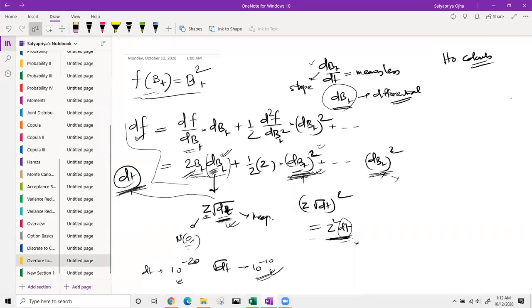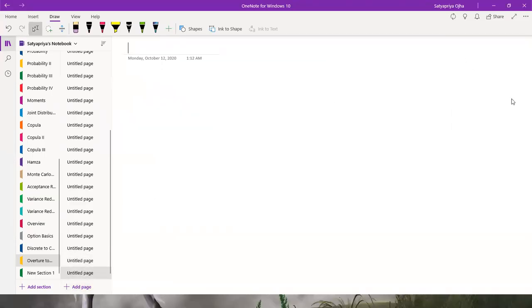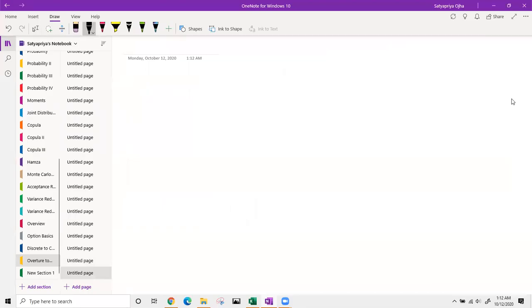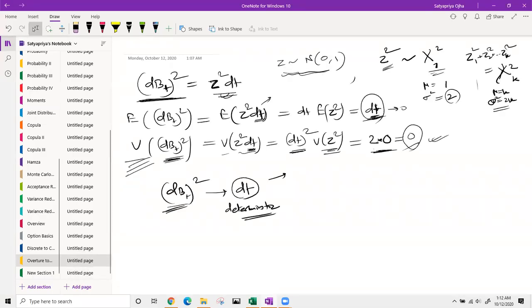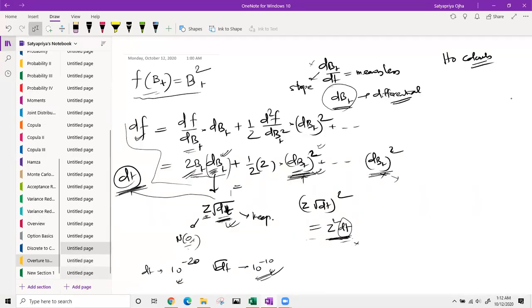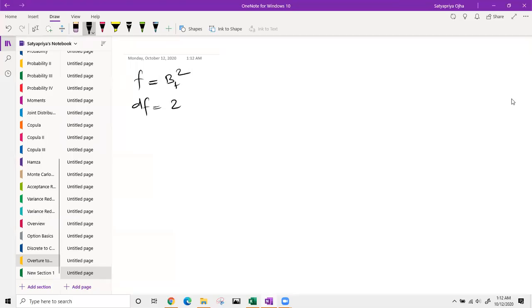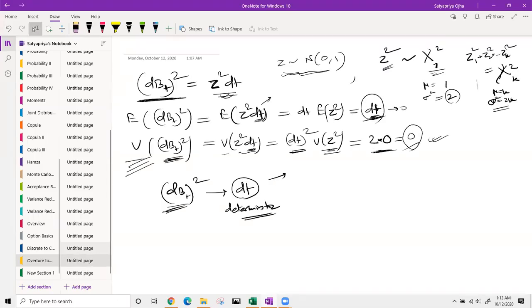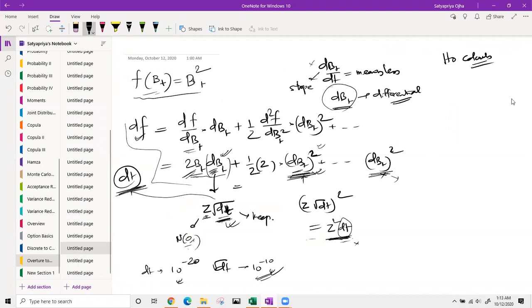So going back, in this particular development, let me take it here again. f is Bt square, and we derived df is 2Bt dBt plus, half times 2 will get cancelled, so dBt whole square.